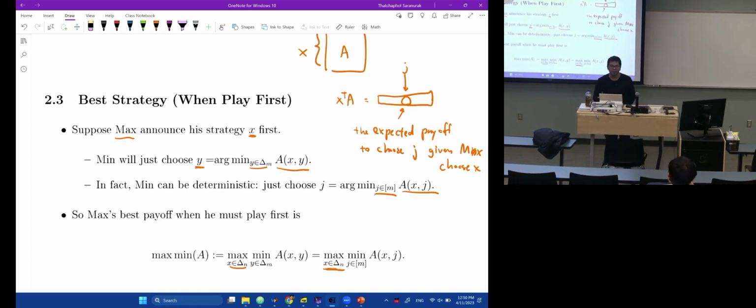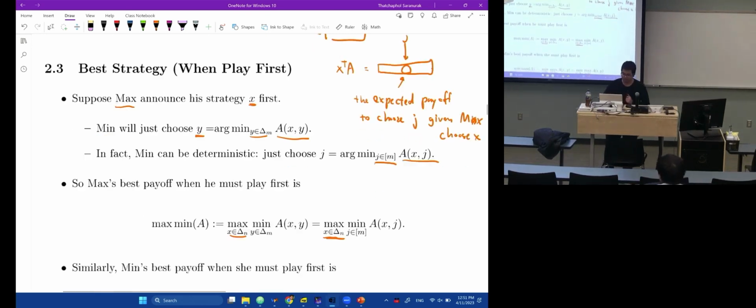So can someone tell me, similarly, what should be Min's best payoff if she needs to play first? How should it look? Inside, minimax. Yeah, you just switch this thing.